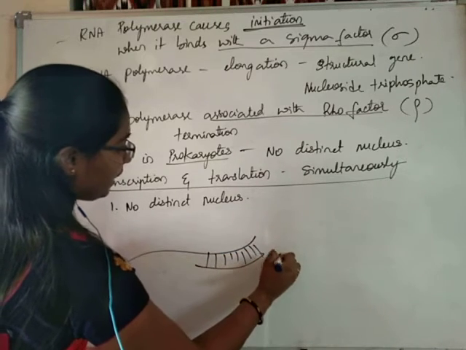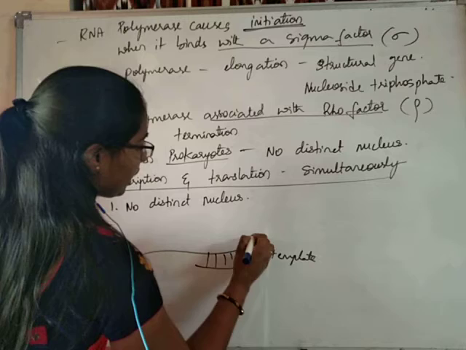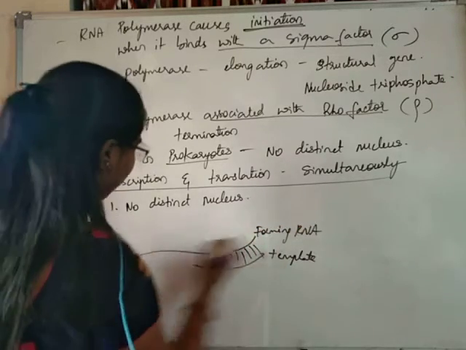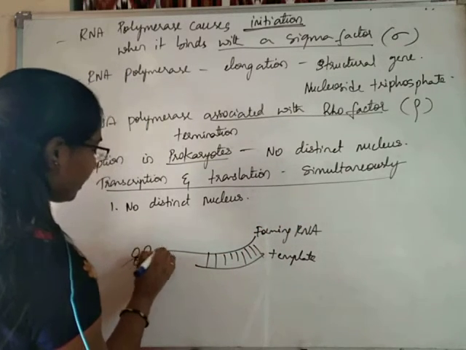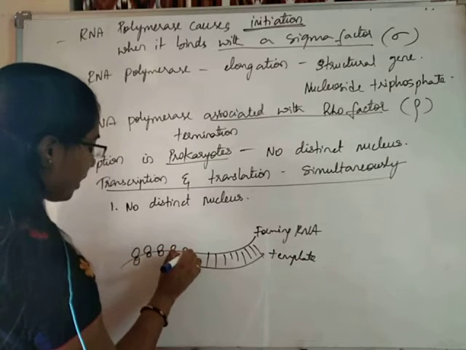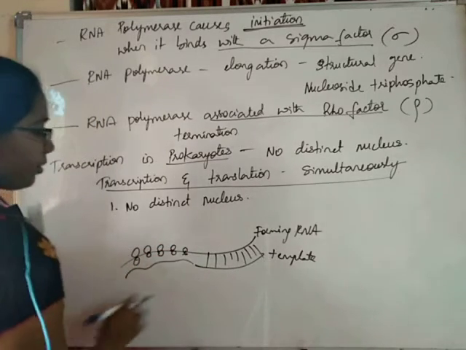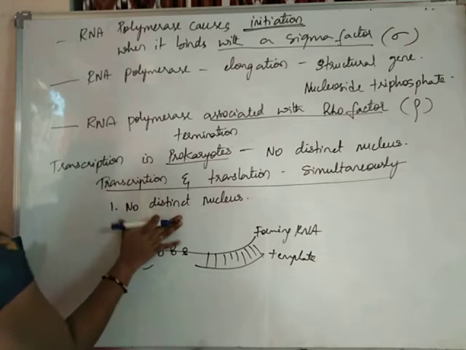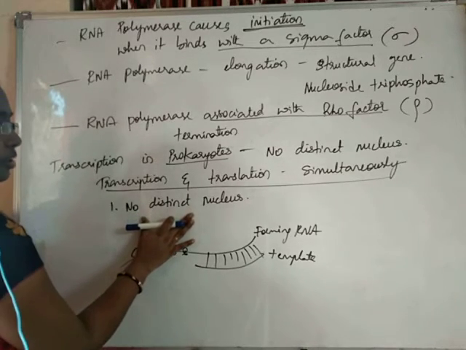So this is the template strand and this is the forming RNA. Here on the already formed RNA, ribosomes will be acting and producing protein. This is one reason: there is no distinct nucleus.